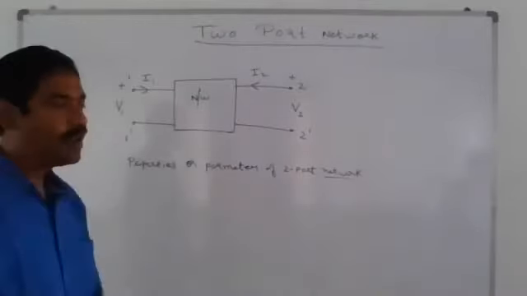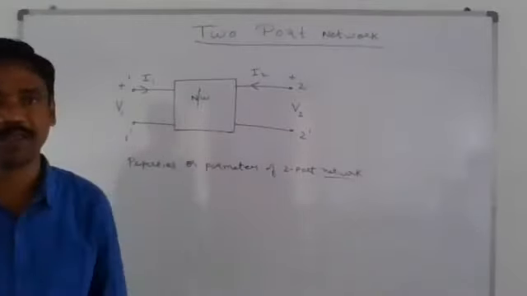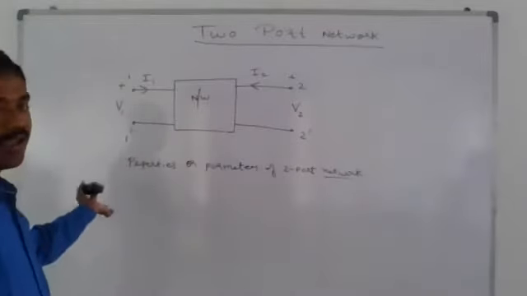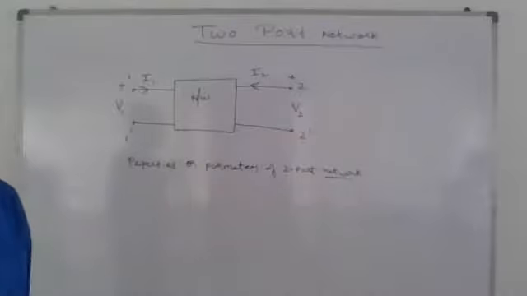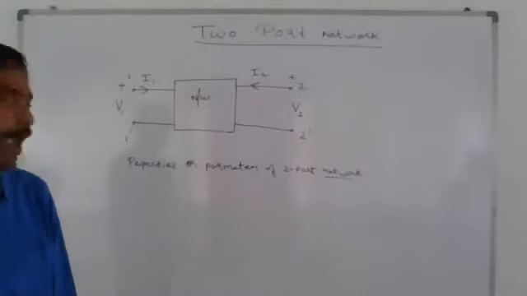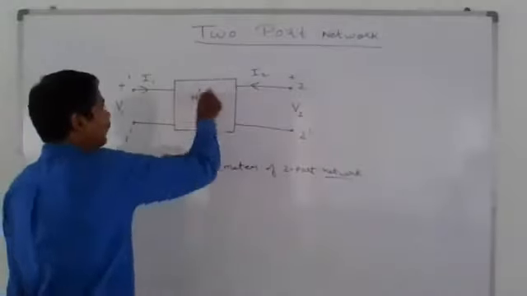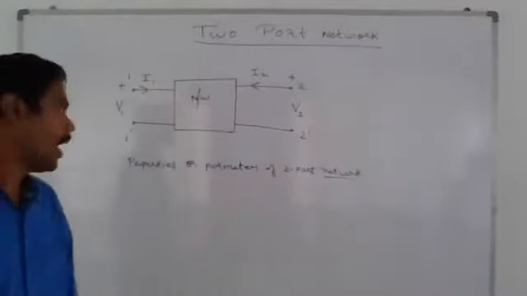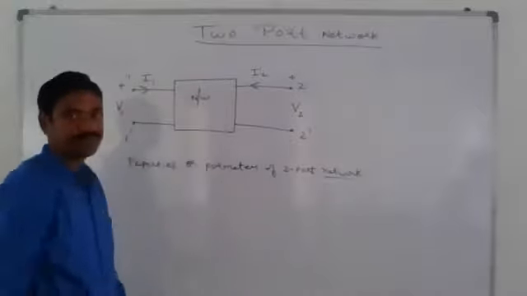If you change V1, your I1, I2, V2 will change. If you raise or decrease the value of V1, the values of I1, I2 and V2 will change according to the parameters of the circuit, according to the parameters of the network. I don't know what is inside the network.